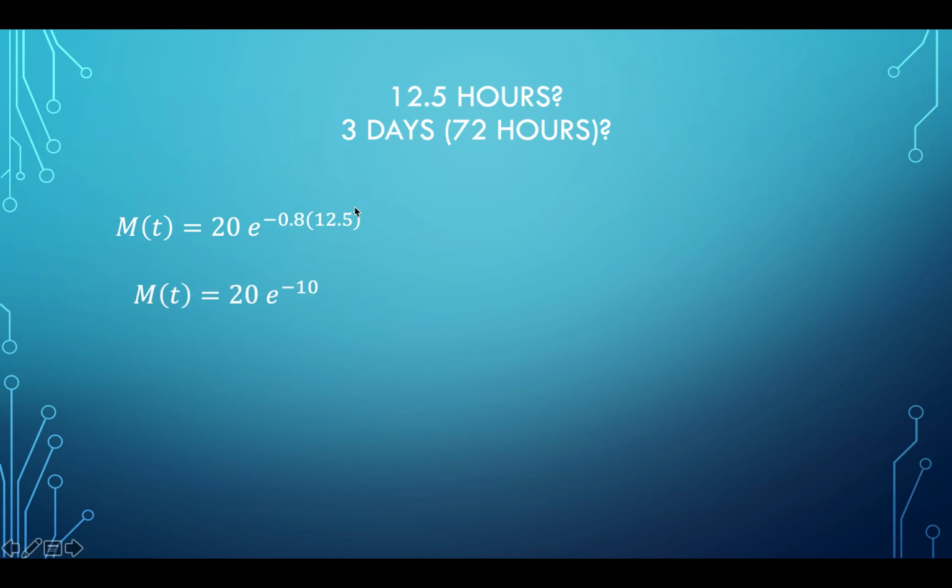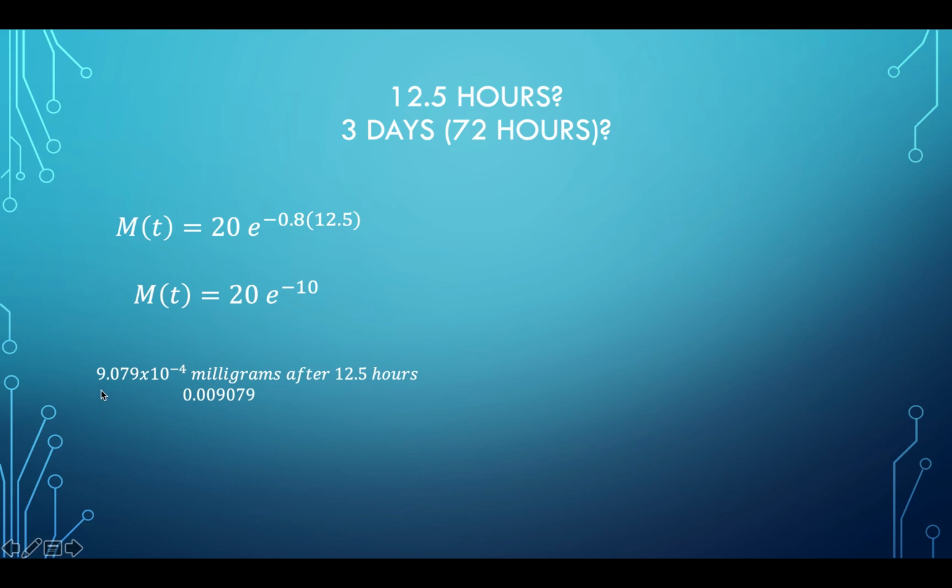First thing I do is simplify this exponent, so I multiply negative 0.8 times 12.5, and I get negative 10. Now the next thing I like to do is e to the negative 10 power. Once I get that answer, I multiply it by 20. Once I get that, I get 9.079 times 10 to the negative 4 after 12.5 hours.